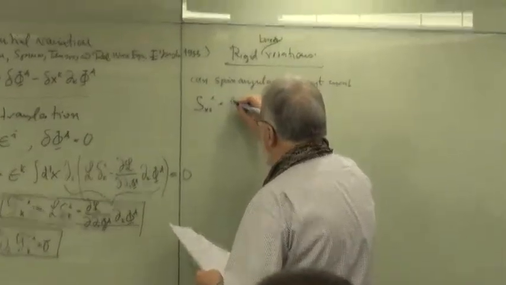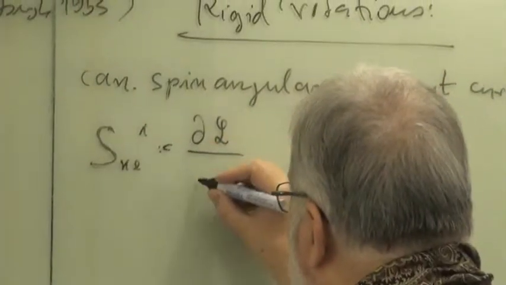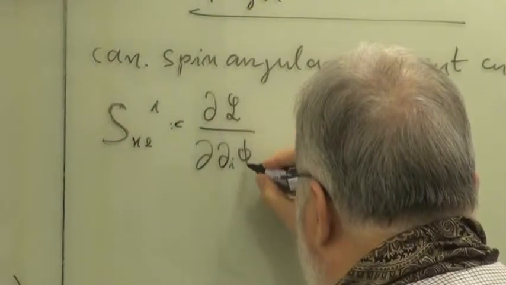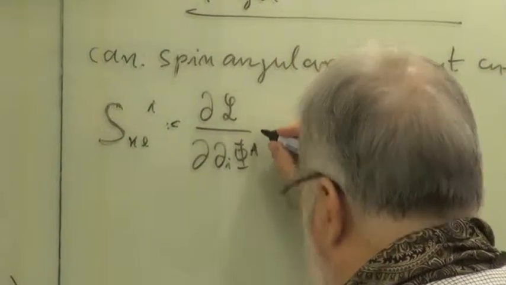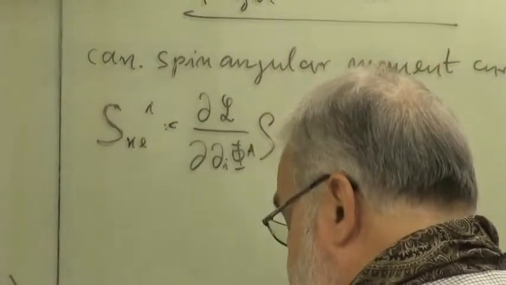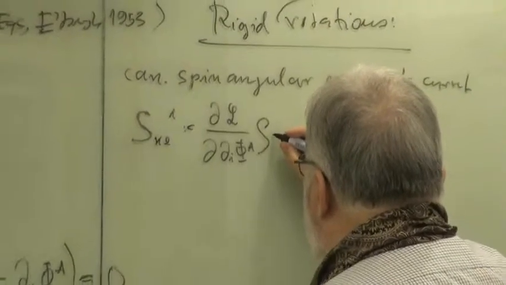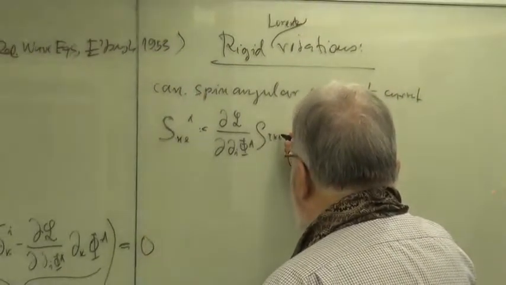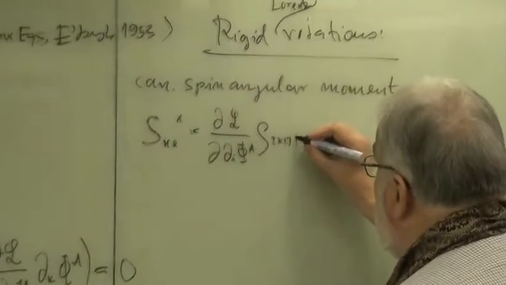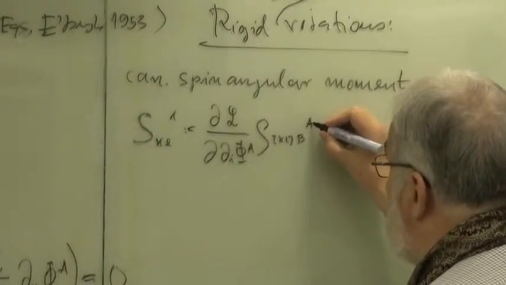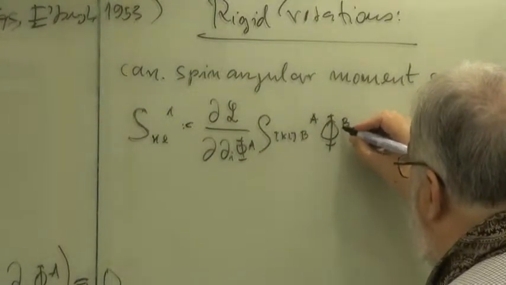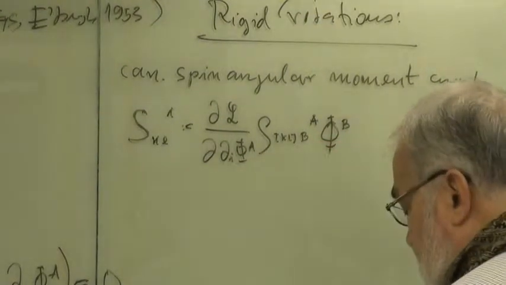It's by definition dL over d_i phi a, and now here we have the generators which generate the Lorentz transformation of the field, k l in brackets, which means anti-symmetrization, with the field phi b, sum over b.